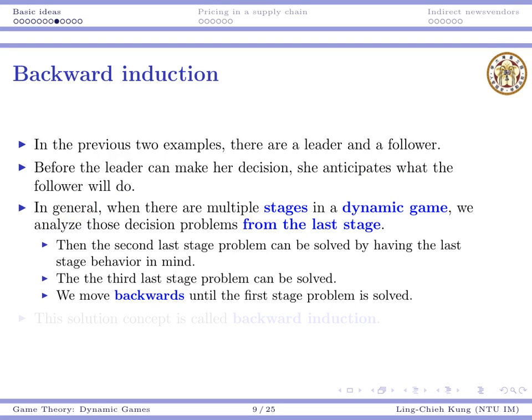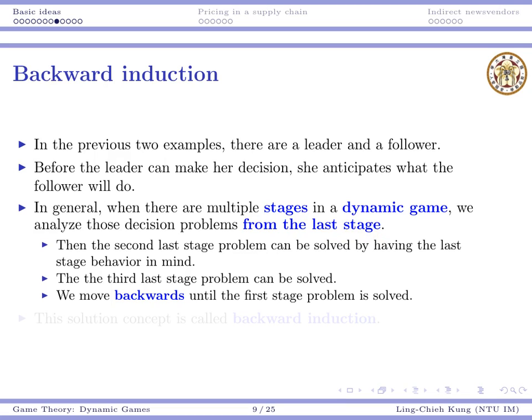When we solve a game, we think we are those players because we can take their perspective to maximize their profits. So if there are multiple stages in a dynamic game, what we should do is to do the analysis from the last stage. We're going to think that at the last stage, how would this player act?